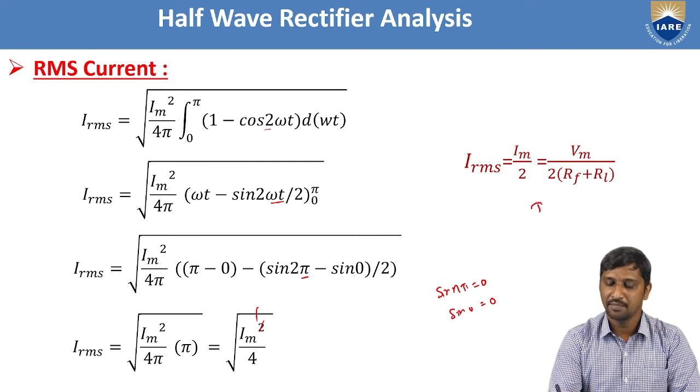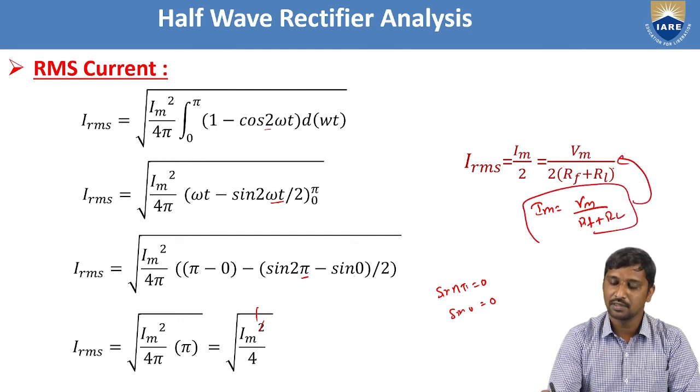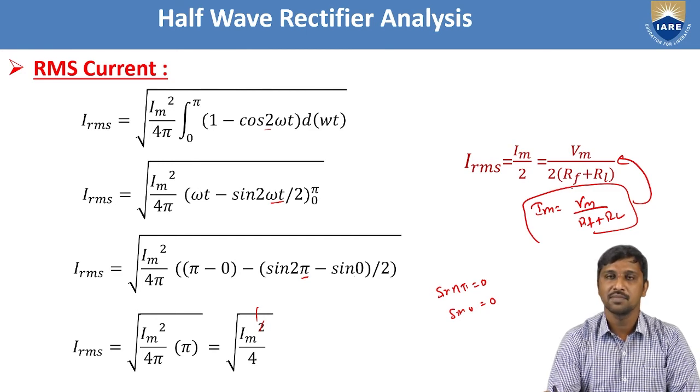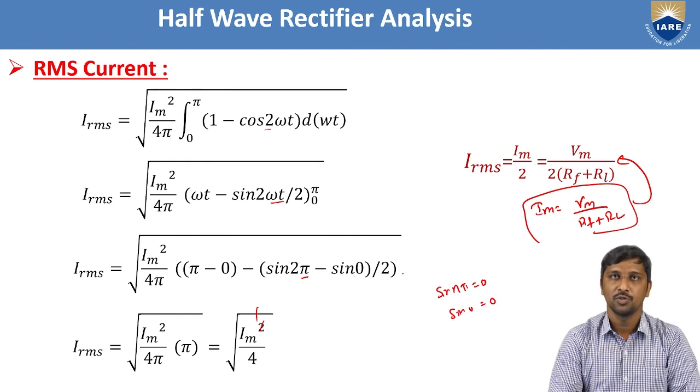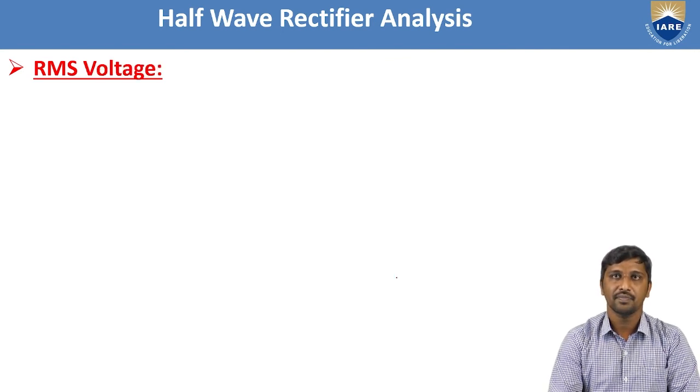Hence Im is represented as Vm by (RF plus RL). Substituting, IRMS is equal to Vm by 2 times (RF plus RL). This is the root mean square current.